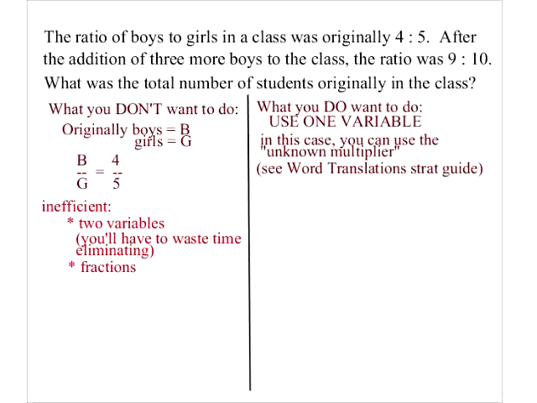But what the unknown multiplier says is when you have a ratio, you can just use a single variable if you multiply that variable by the coefficients of the ratio. So what you can do is say originally the boys is 4x and the girls is 5x.